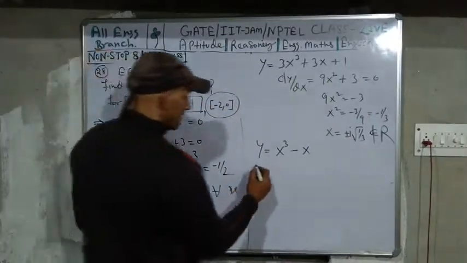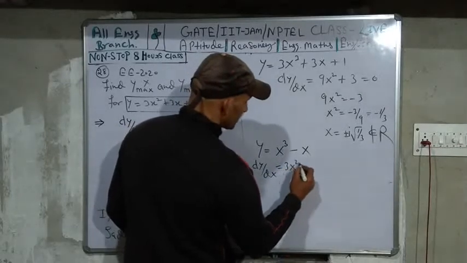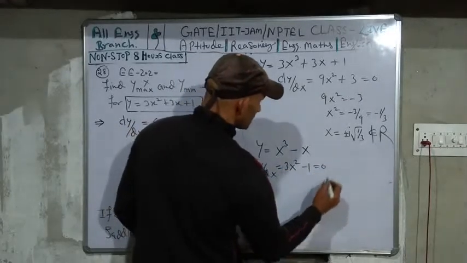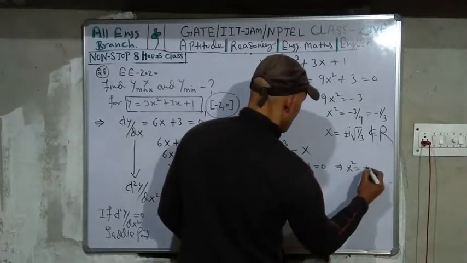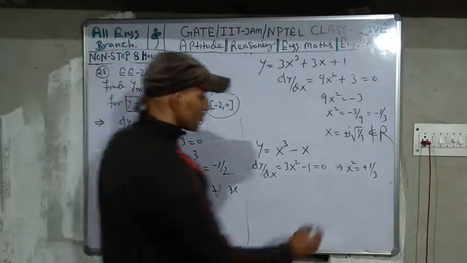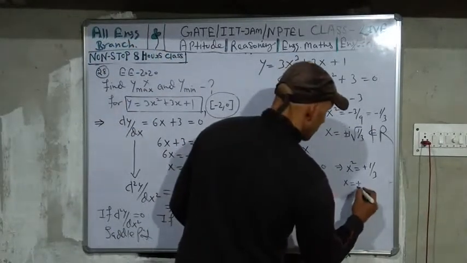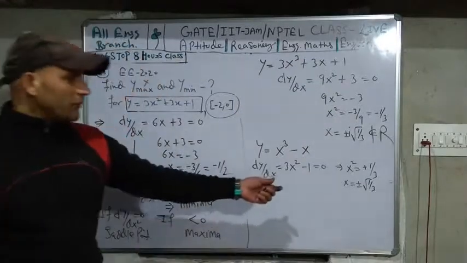Now dy by dx = 3x² - 1 = 0. It implies that x² = 1 upon 3. So x = ± square root of 1 upon 3, which belongs to R.